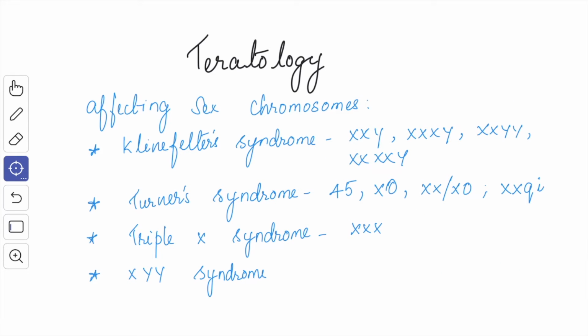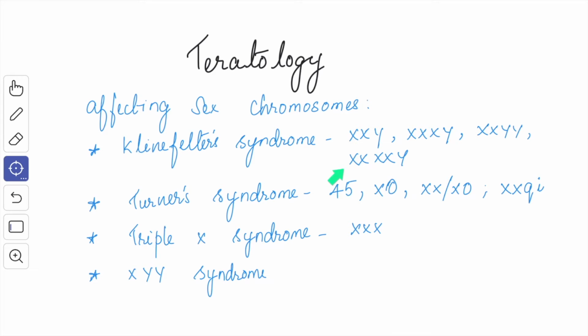Next we'll see the disorders due to the chromosomal abnormalities affecting the sex chromosome. So first is the Klinefelter syndrome, which is due to one extra X chromosome, XXY or XXXY or XXXXY, or you have quadruple X and Y. Next you have Turner syndrome, which is due to a deletion of X chromosome.